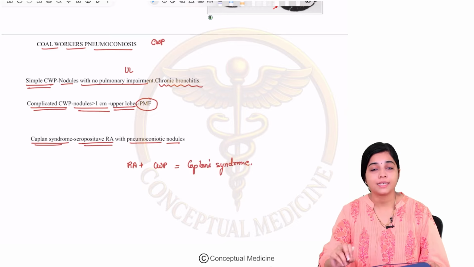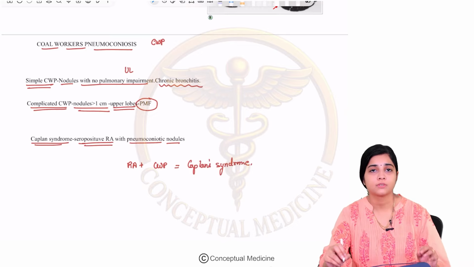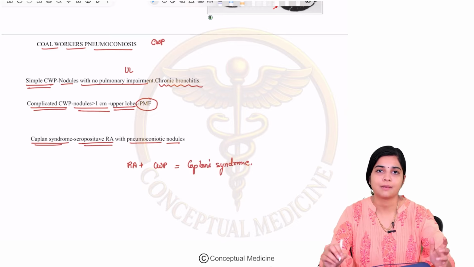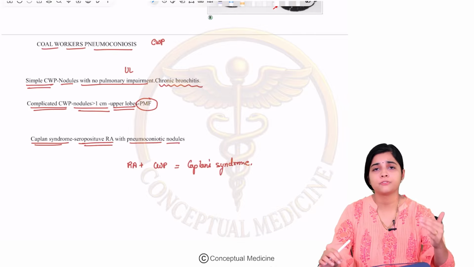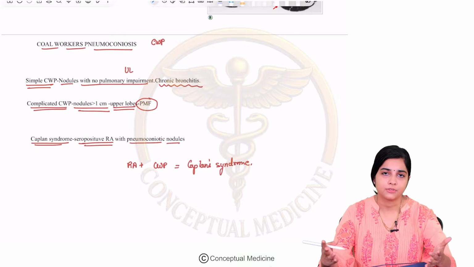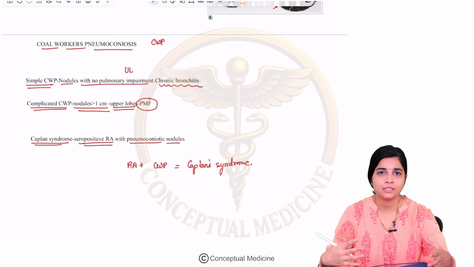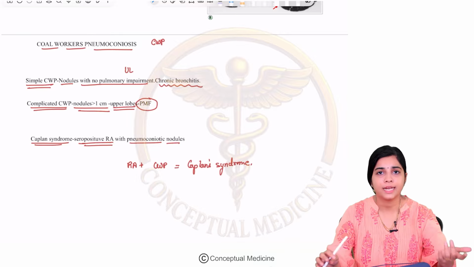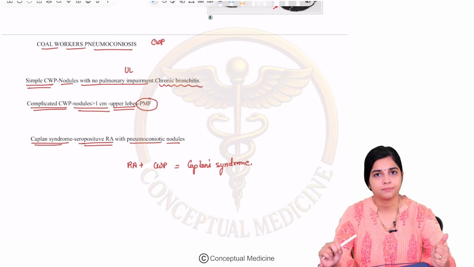So RA with coal workers pneumoconiosis or pneumoconiotic nodules is called Kaplan syndrome. The treatment of coal workers pneumoconiosis also involves reduction in exposure to coal. Provide them with adequate respirators and adequate personal protective equipment.